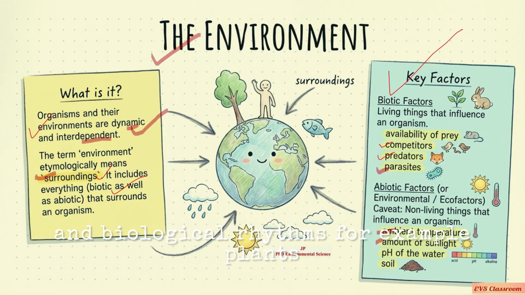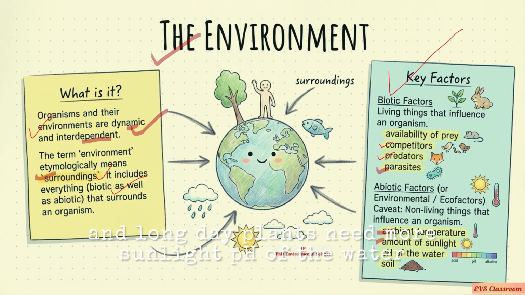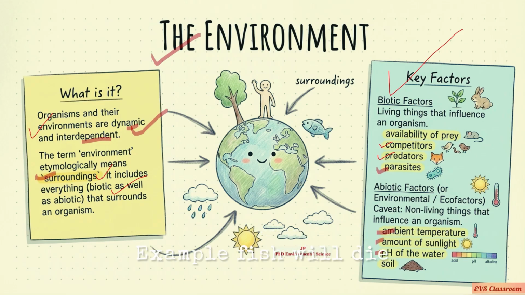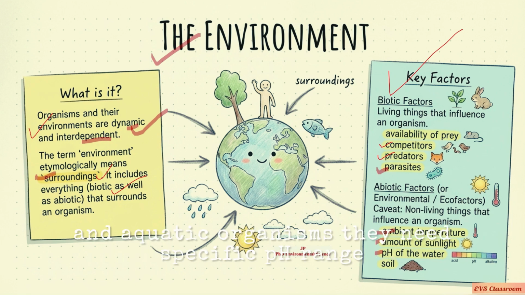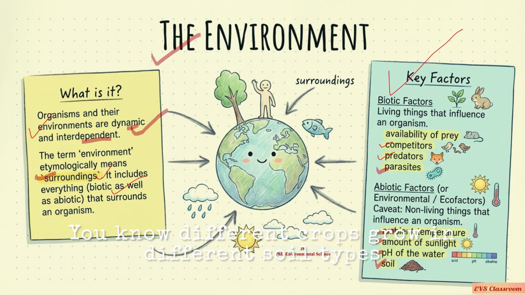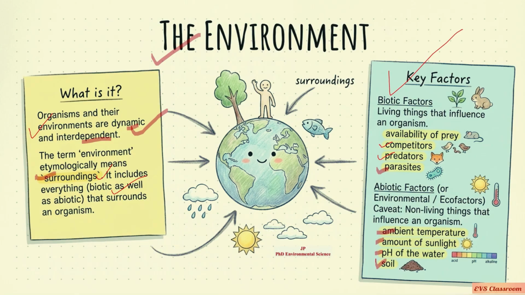For example, plants grow poorly in shade and long day plants need more sunlight. pH of the water measures acidity or alkalinity. Fish will die if water becomes too acidic, and aquatic organisms need a specific pH range. Soil provides support, water, nutrients. Different crops grow in different soil types.